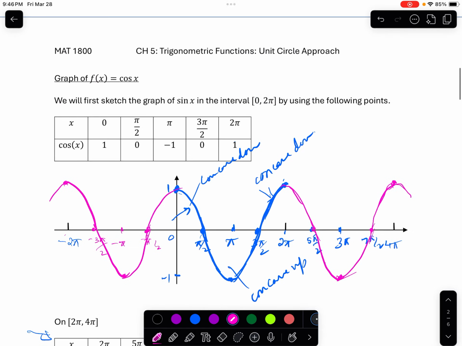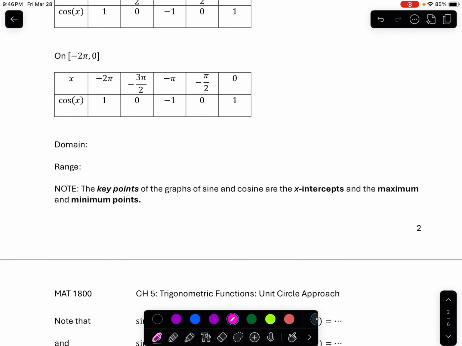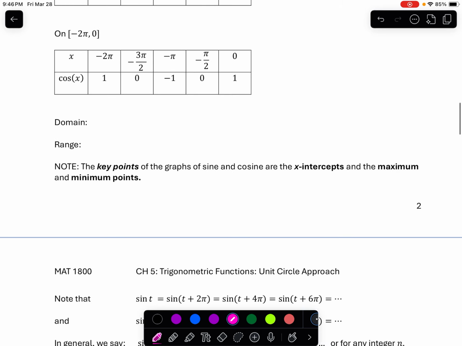So once you understand how to graph the sine and cosine, then we will talk about their transformations. So again, one more time, if you are asked to graph a sine function on one period, what you should do is draw your axis, take half the page, or at least half the page.